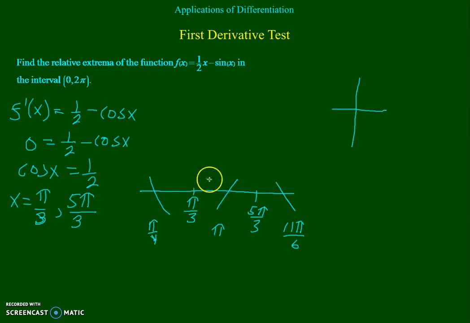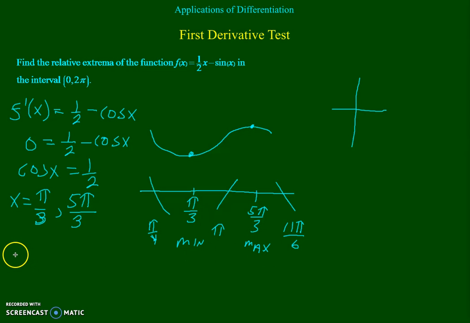And so now what we can see is a different artifact from this first derivative test. If you look at this, it sort of looks like a function doing this. And so we can infer that this point is a minimum and this point is a maximum. It makes it nice and clean for us. So in fact, this is a minimum and this is a max.